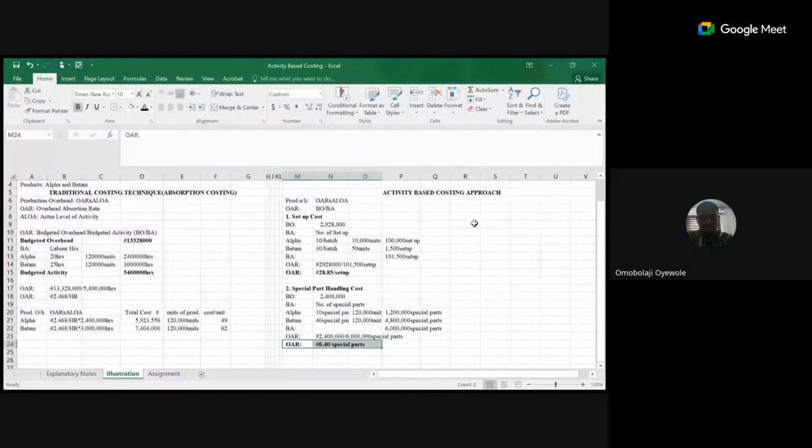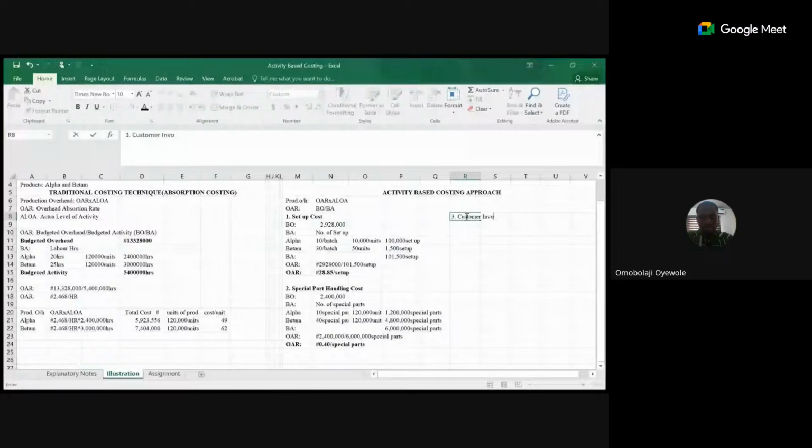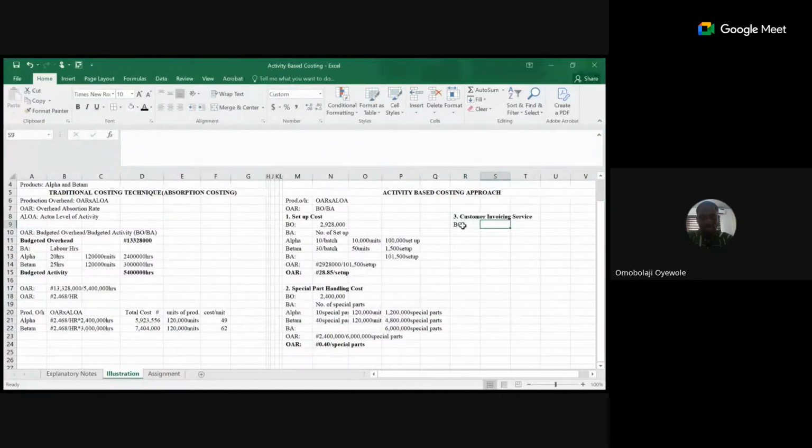Now, the next one is what? Customer invoicing service. The next one we go, number 3, customer invoicing service. Let's check what's our budgeted overhead for customer invoicing service. 1,160,000, right?